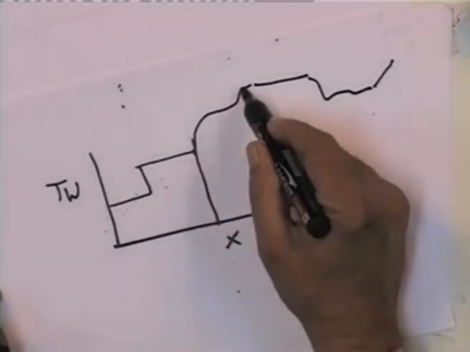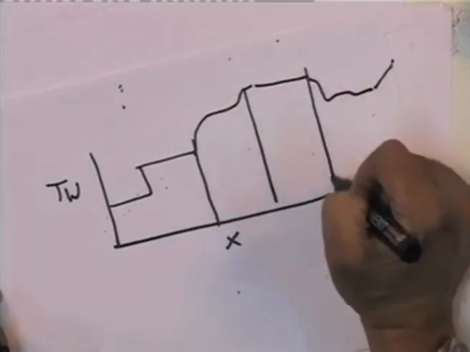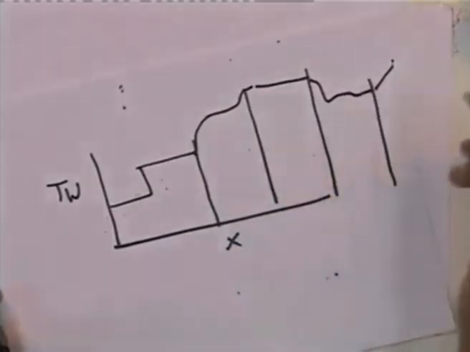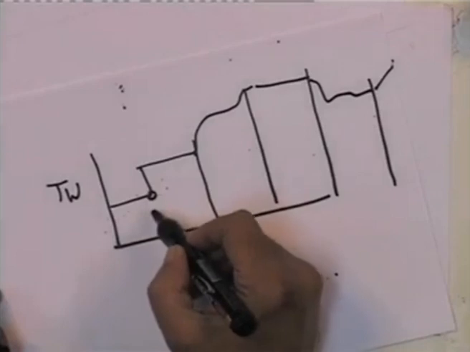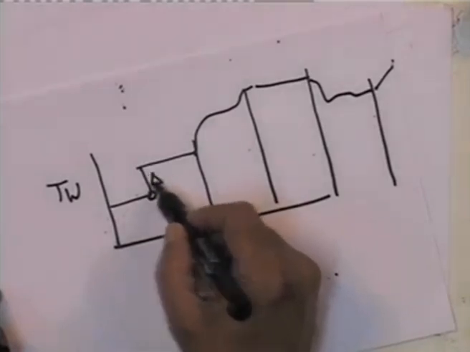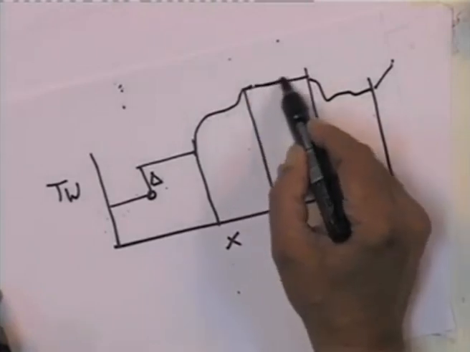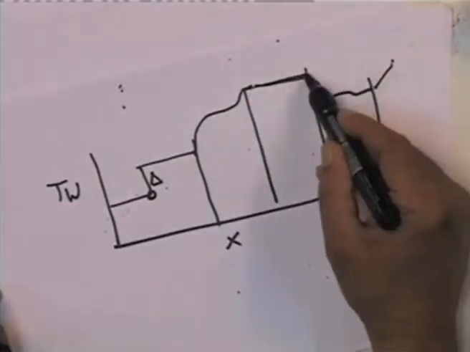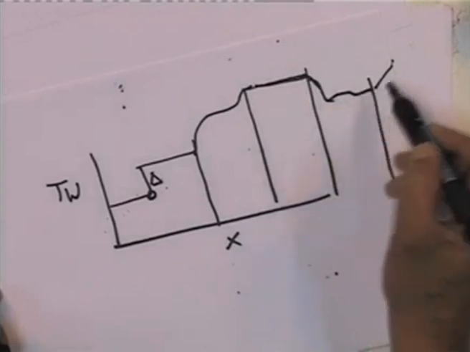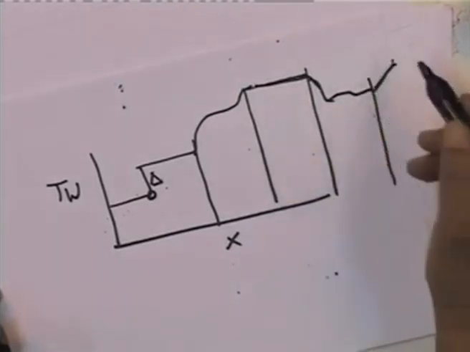So, I have several situations: there is a discrete change here, there is a change delta here, but there is a continuous change here, then there is a constant value, and then there is a continuous change like that, and then there is a continuous change again here.